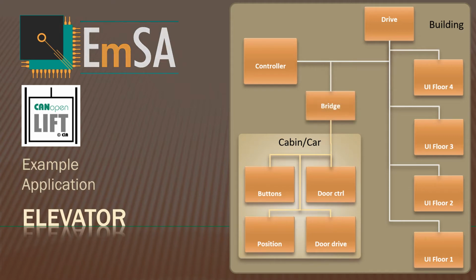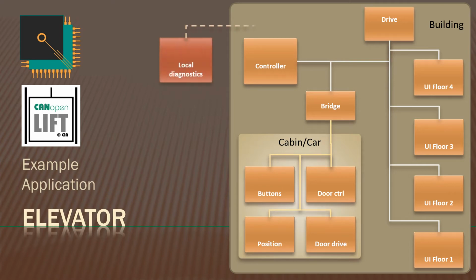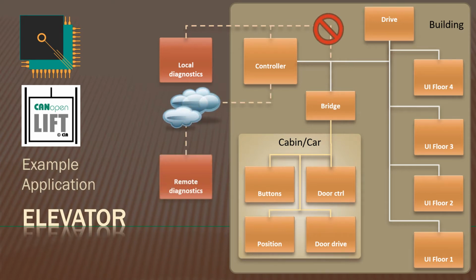And to have some isolation, you typically would use a bridge in between the cabin and the rest of the building. For diagnostics, there are options to connect locally, or maybe there's even a remote access interface somewhere to the internet so that someone from the internet side can do some diagnostic and maintenance to the system.